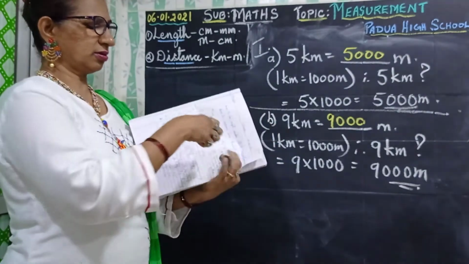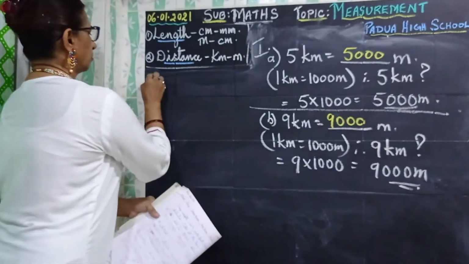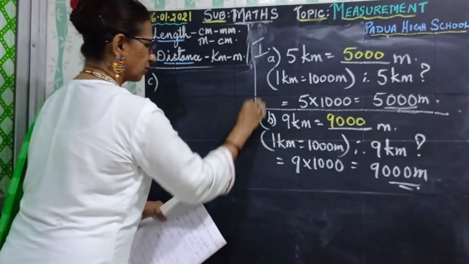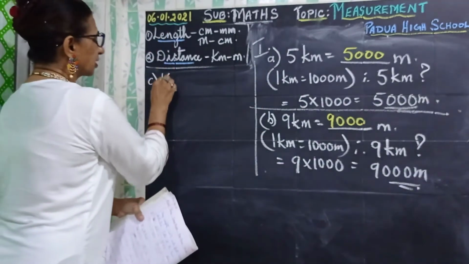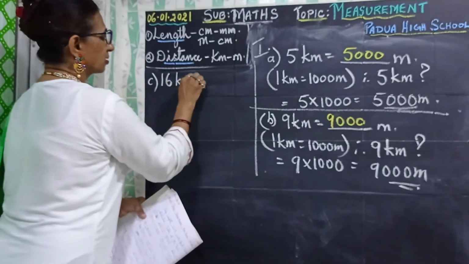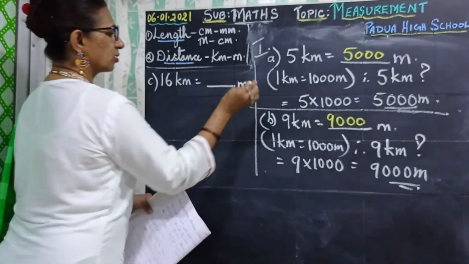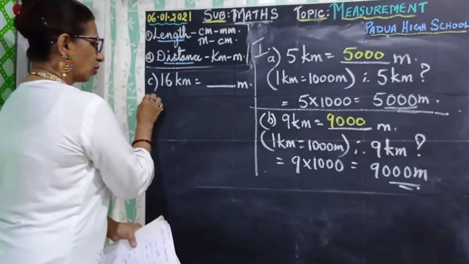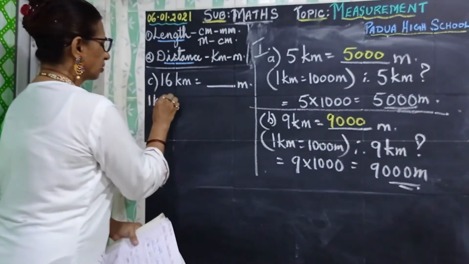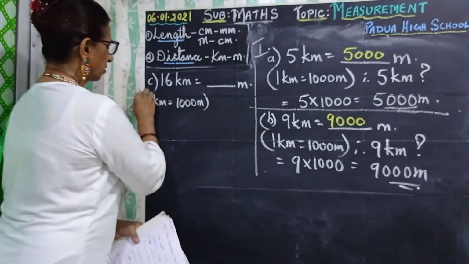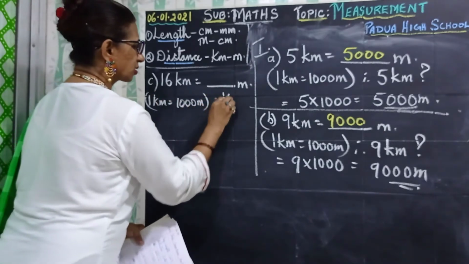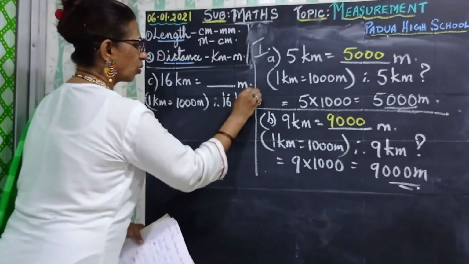Third sum. I write here part C. Suppose now sum number 3. I have 16 kilometers is equal to dash meters. Again, very simple. What will I do? 1 kilometer is equal to 1000 meters. Therefore, 16 kilometers is how much?